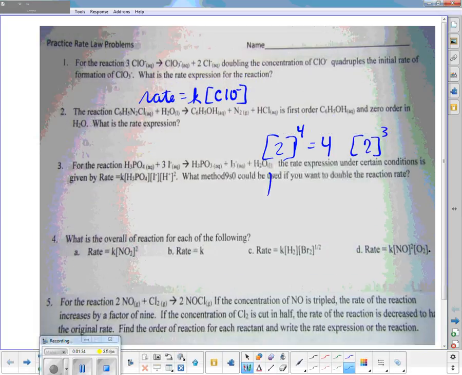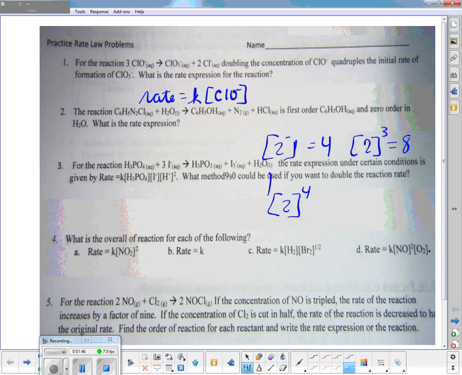Oh, not 9, sorry. 2 times 2 is 4, times 2 is 8. Okay, so if I quadruple it, that's basically saying 2 to the 4th. That would be 16, right? Is that quadrupling?